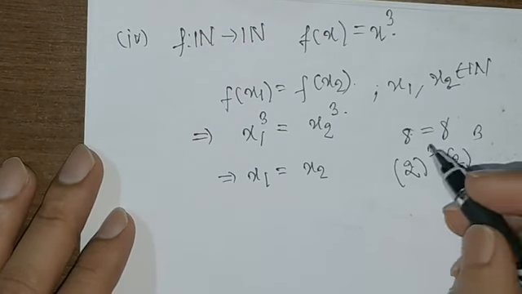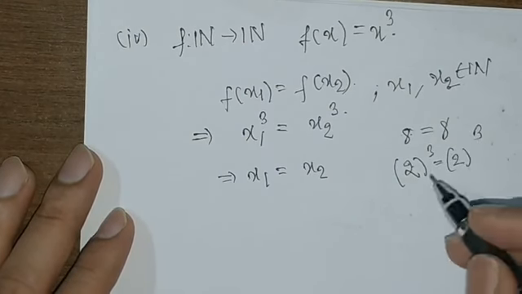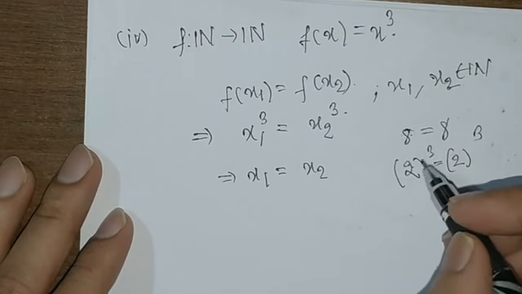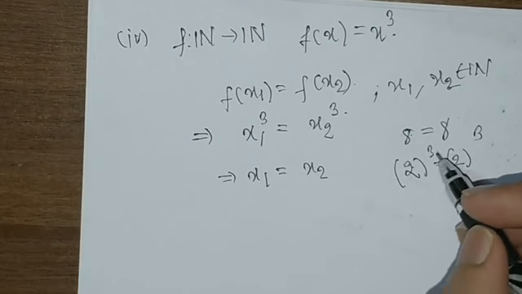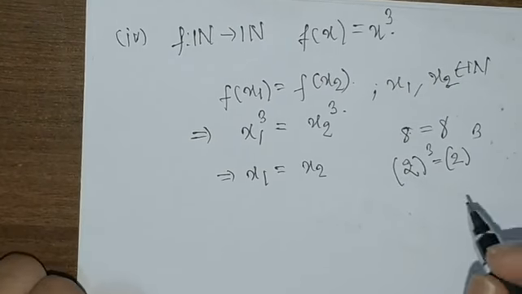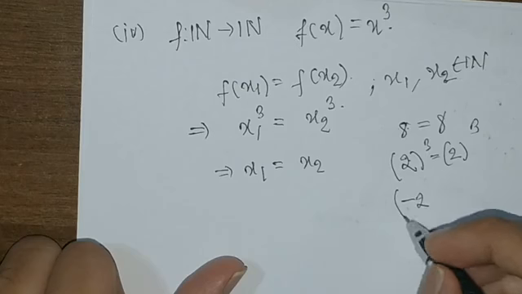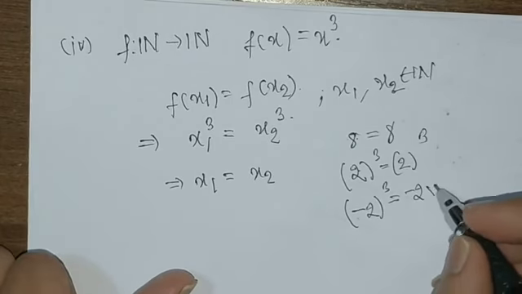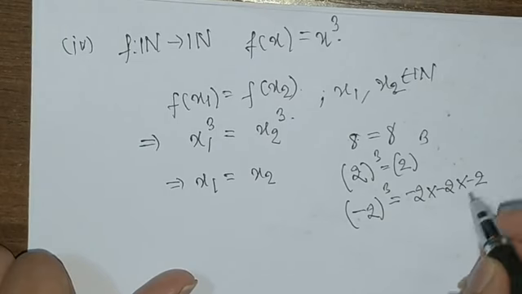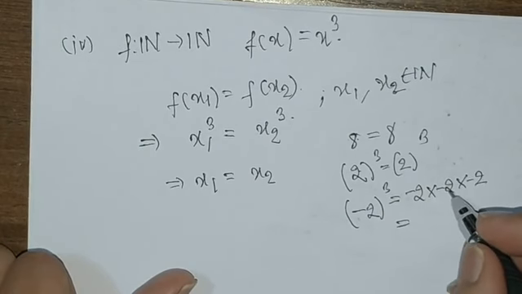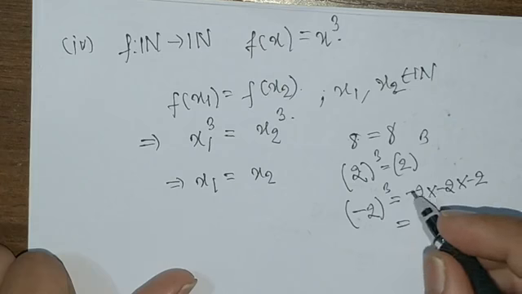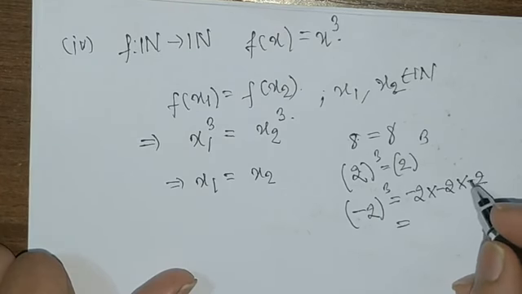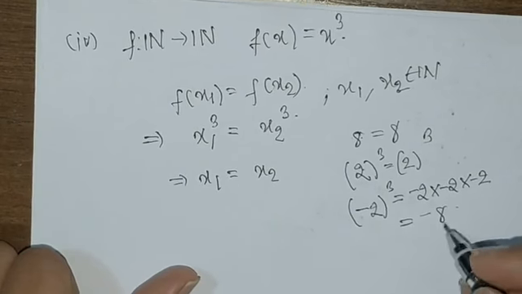2 cube, 8. If 8 is equal to 8, so the cube root of 8 is 2, right? So 2 cube is equal to 2 cube you will have. Because what will happen is, if you take minus 2 cube, that is nothing but minus 2 into minus 2 into minus 2, right, which is 2 into 2 is 4, plus, minus minus plus. So 4 into minus 2, which is 8, and minus sign, so you will get minus 8.